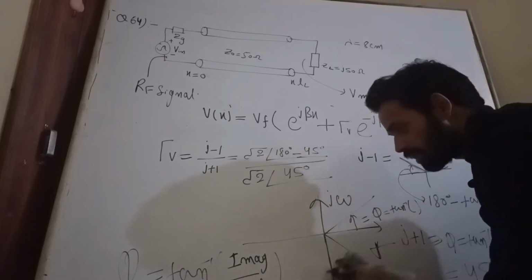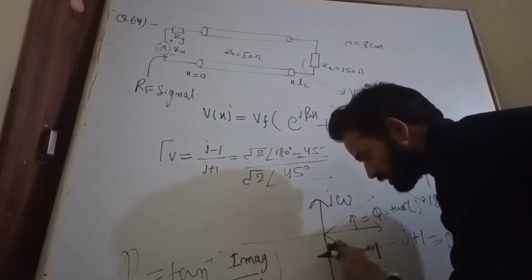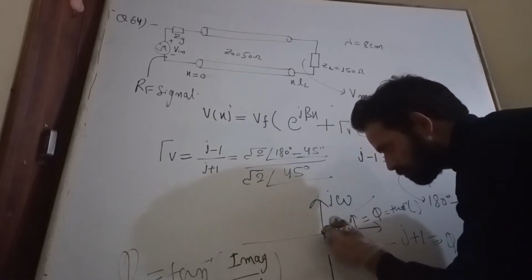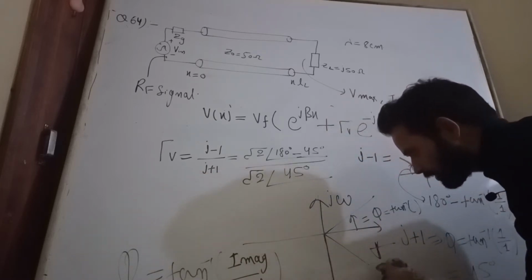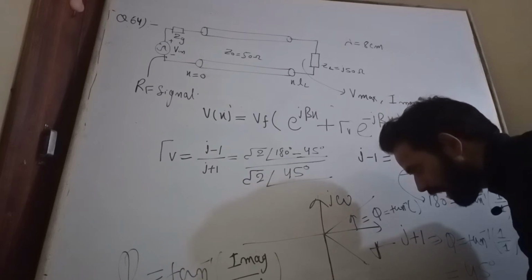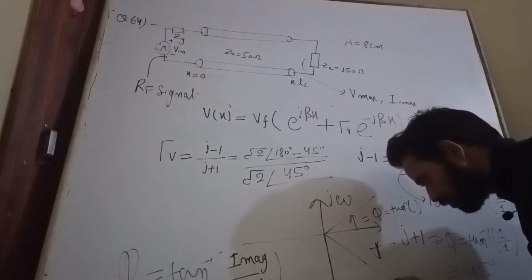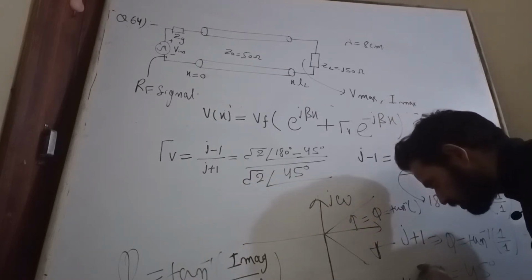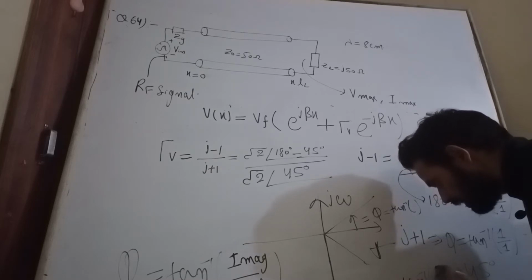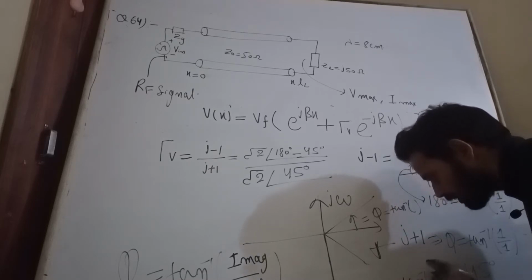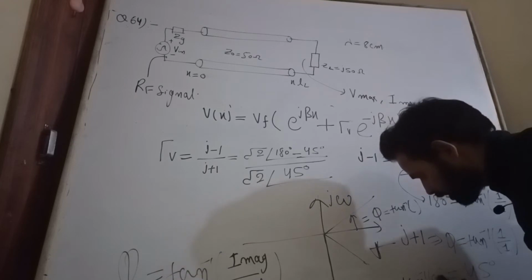Now if the imaginary part is negative and the real part is positive, then my angle is in the fourth quadrant. Then we just write a minus: minus tan inverse of the whole quantity, where the quantity inside tan inverse is positive.